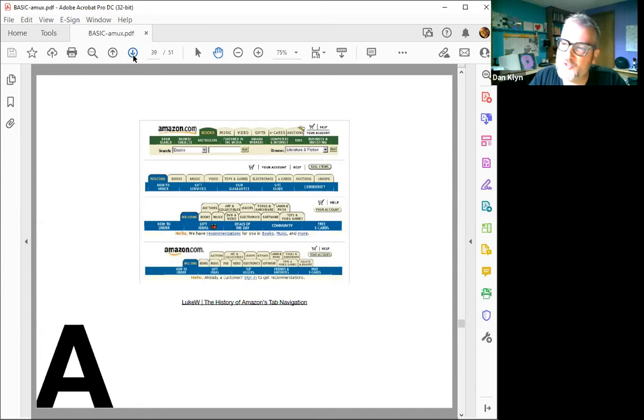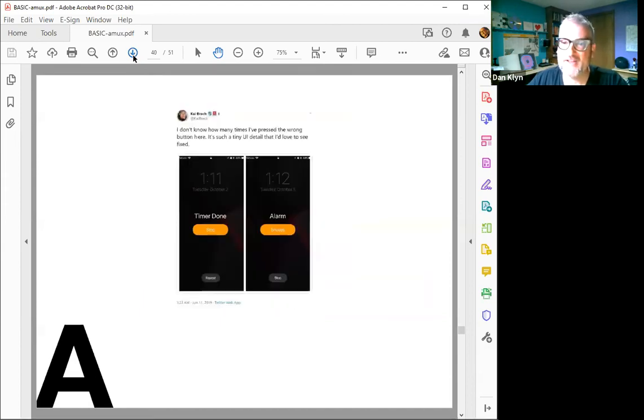Luke Wroblewski has written about the saga of the tabs on Amazon, the permission giving when they went from 2 rows to 3 rows of tabs, or the permission removal when Amazon removed a drop-down select item from their menu. If we want to be associated with the leading edge or excellence in e-commerce, then we have to show up in a way that is like, or not like, depending on your business, what they do.